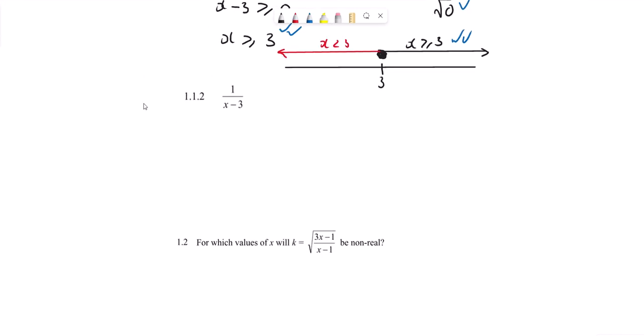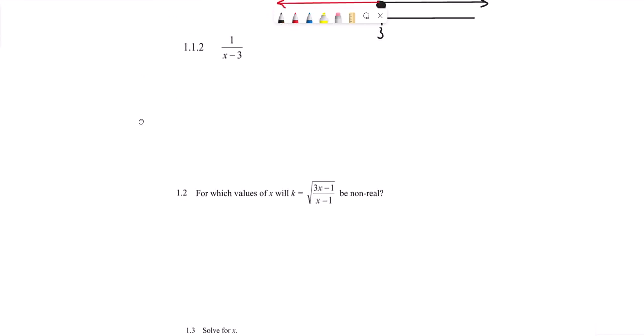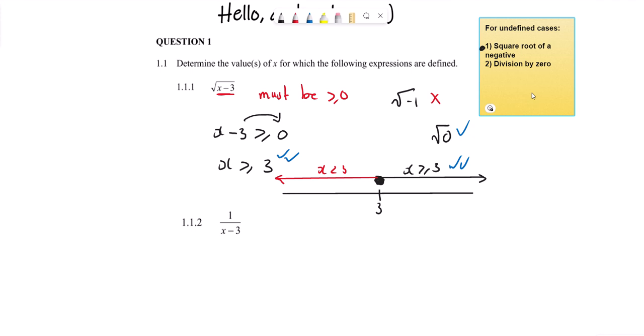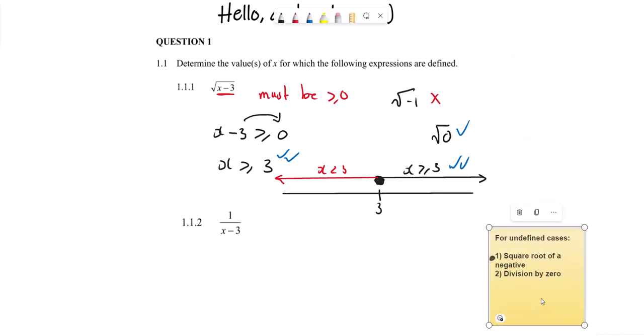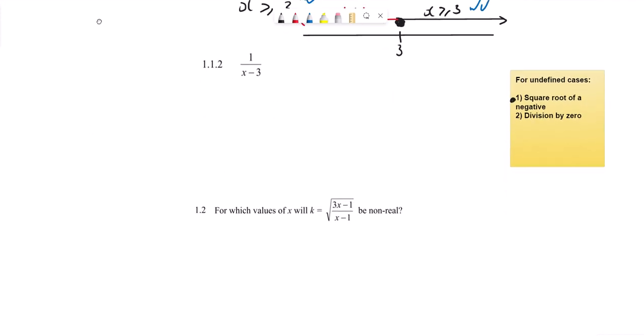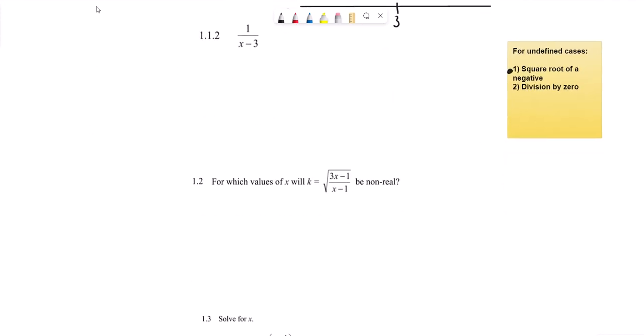Now we have a fraction. Let me bring our note here. Our undefined cases are here. Division by 0 is not allowed. So what value of x can you put here to make the denominator 0?